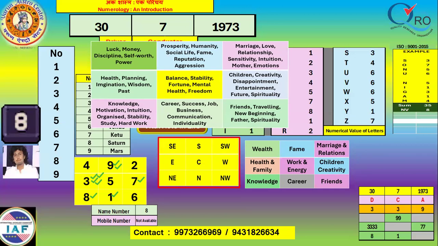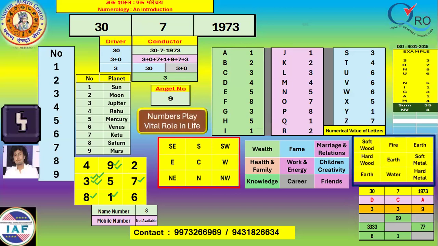He had to work hard because of missing number 5. He has to be disciplined. He must know his self-worth, which he could have realized later on. In this way, this number depicts the native.